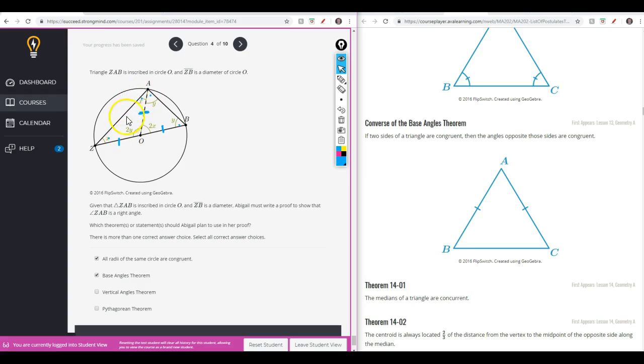That means that they have to be equal to each other. So then these two would have to be equal to each other, and you could set that up to divide it by 180 degrees since that's a diameter. So those are the two theorems that we would use.